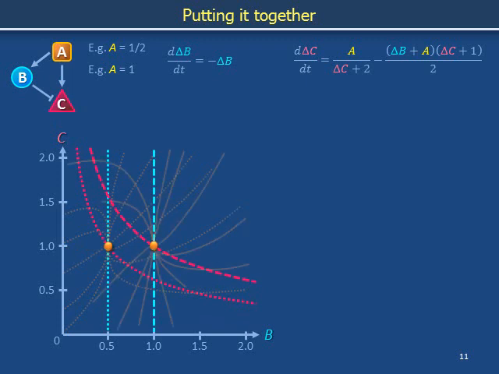Eigenvector-eigenvalue analysis on the linearized system helps us plot examples of trajectories approaching the second critical point, including this one, which passes through the initial critical point corresponding to the initial value of a equals 1/2.